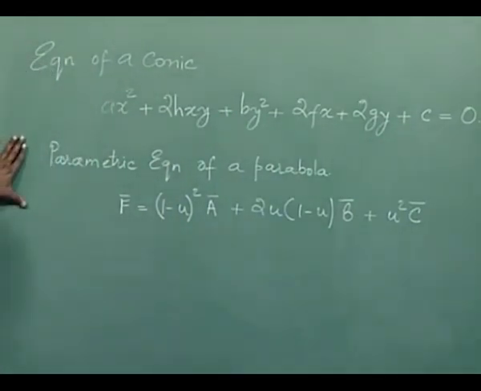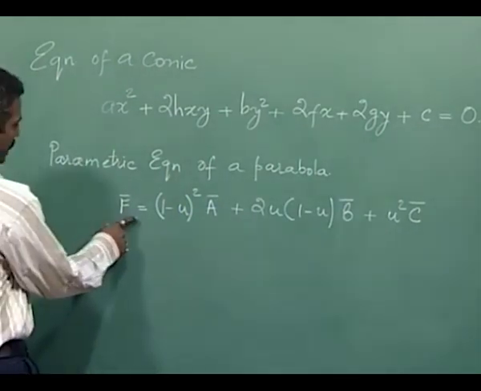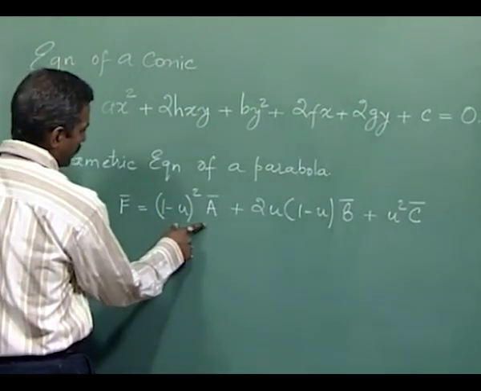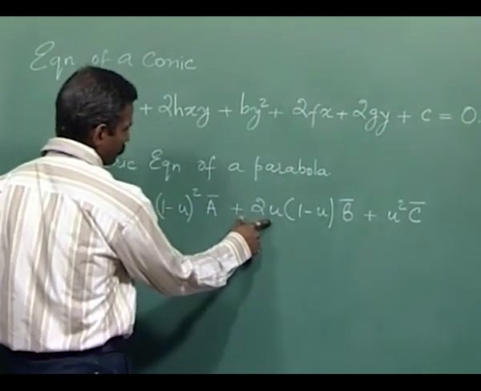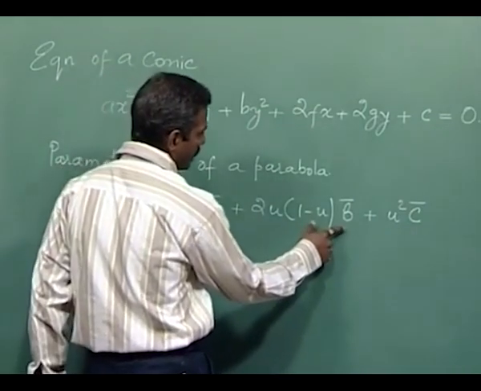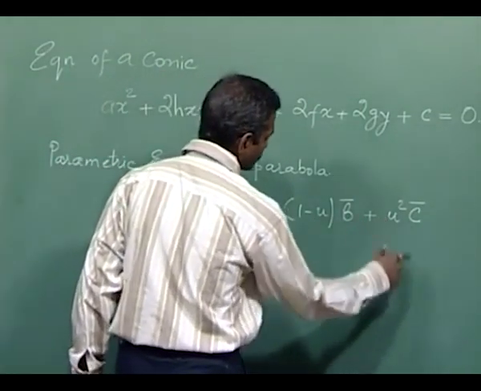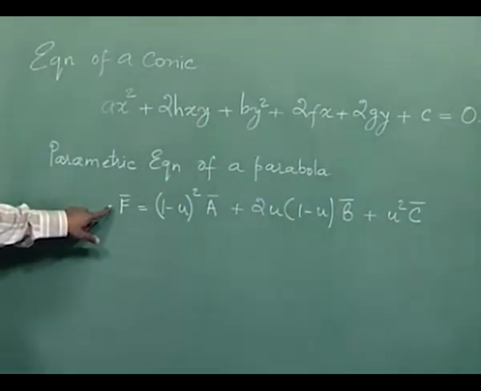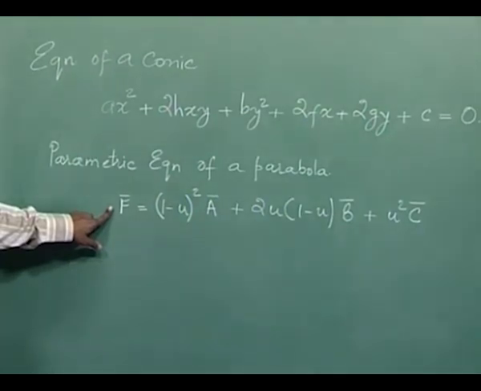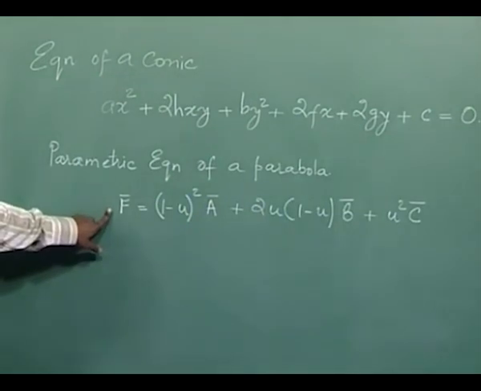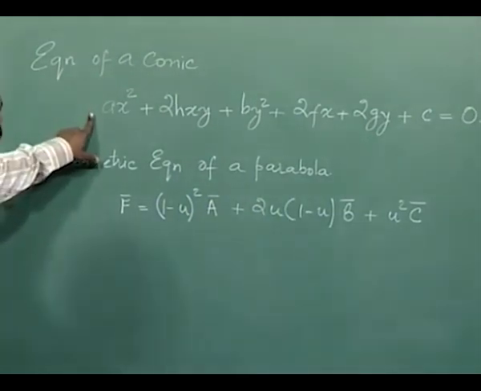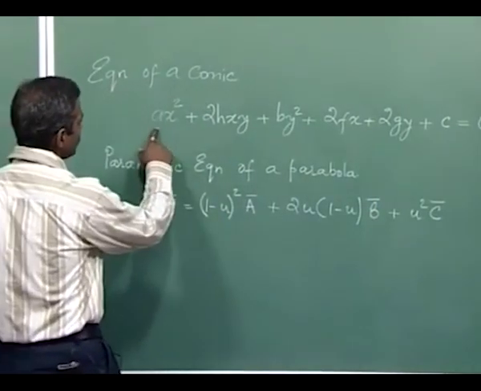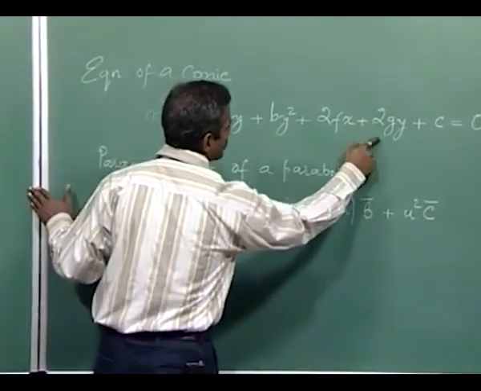We have seen from the construction before that the parametric equation of a parabola is given by F equals 1 minus U squared times A plus 2U times 1 minus U times B plus U squared times C. One can extract the x component of F and the y component of F and substitute those conditions over here to determine these unknown constants.